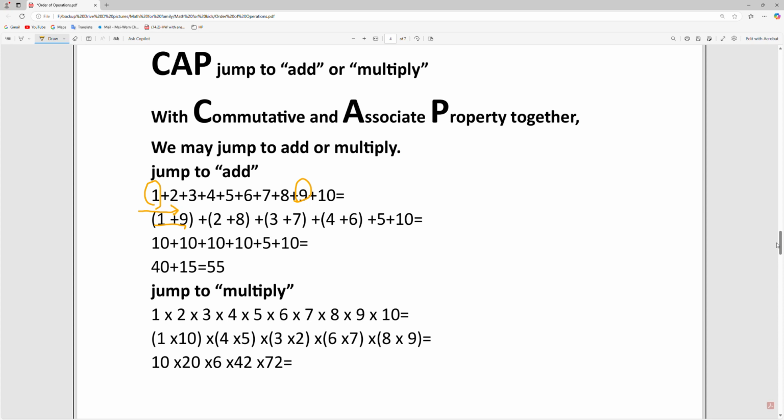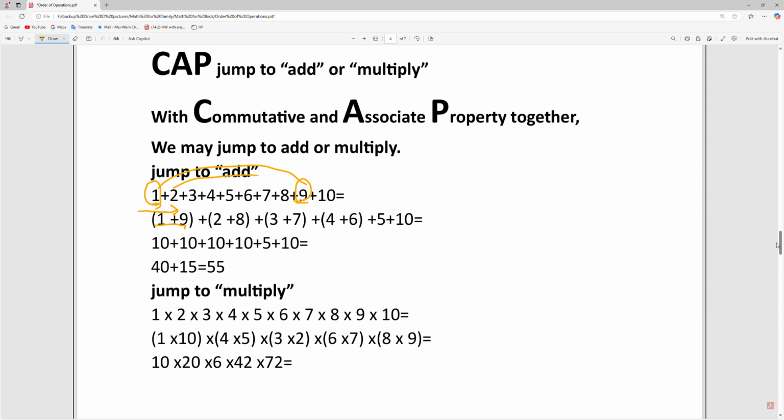Everyone knows this method. Everyone knows you are allowed to jump to add, like when you have all the way to plus 1, 2, 3, 4, 5, 6, 7, 8, 9, 10. If only with the associative property, you won't be allowed to add 1 and 9. You jump to add them.